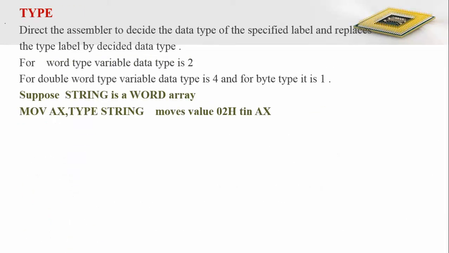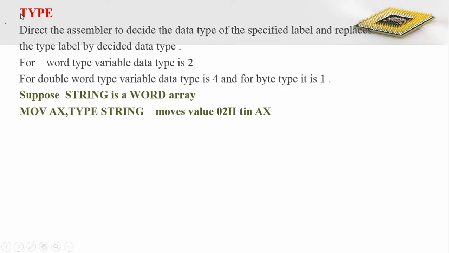Next is about TYPE. This directs the assembler to decide the data type of the specified label, and if we want, we can replace the label with its data type value. TYPE indicates the type of a variable or data.